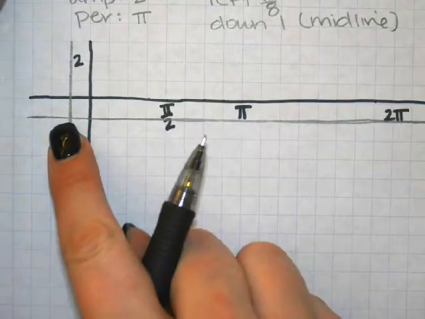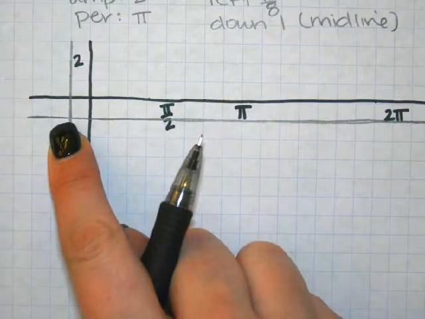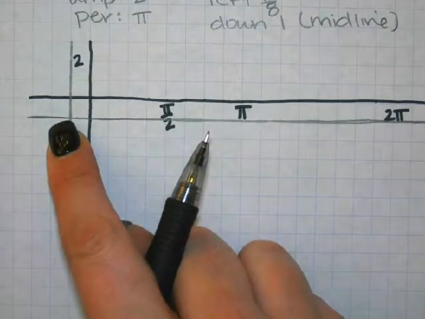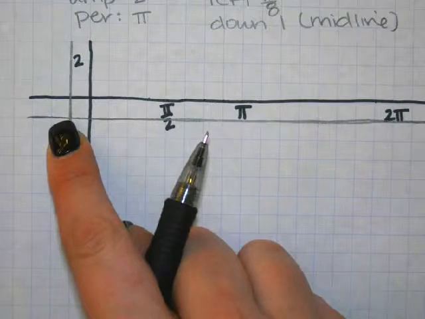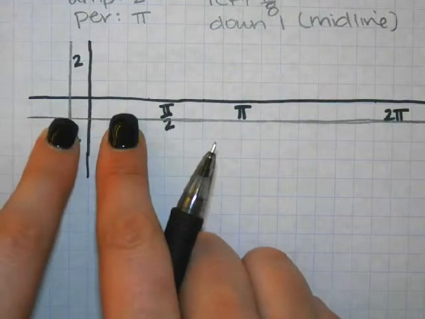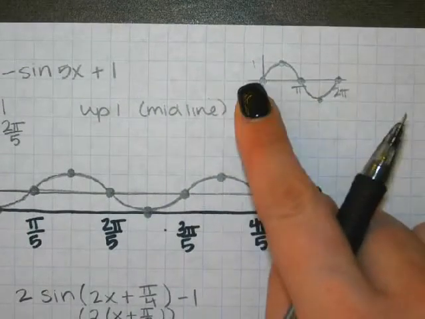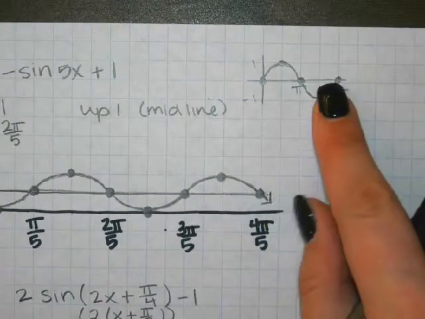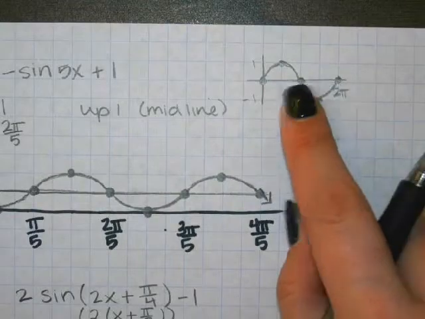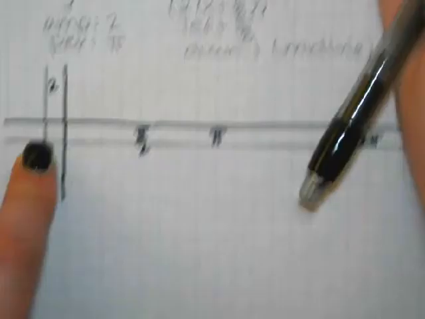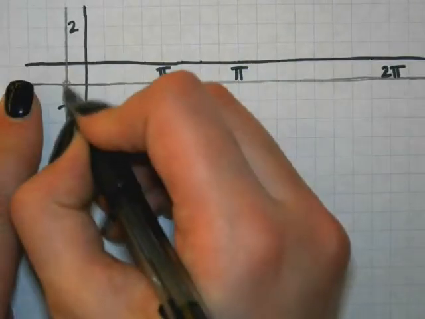So I'm going to draw this sine graph pretending that it starts right over here, because I've done those transformations. When I do my sine graph, I'm going to remember that I start at 0 and I end at 0, and I hit 0 in the middle, okay? So I'm going to start at 0.